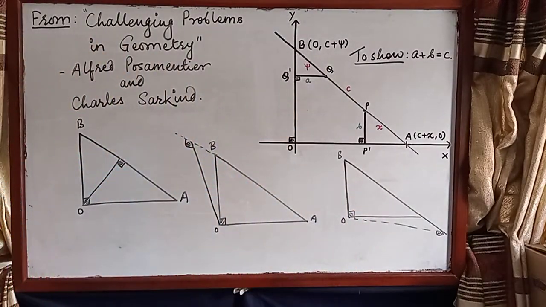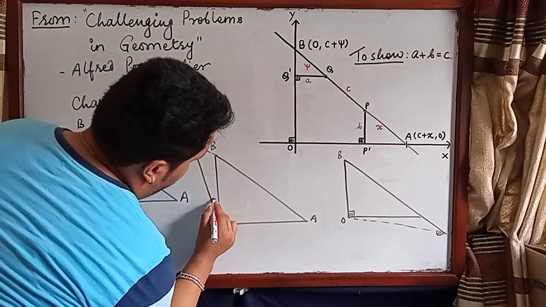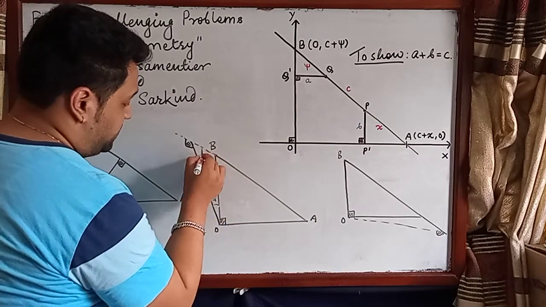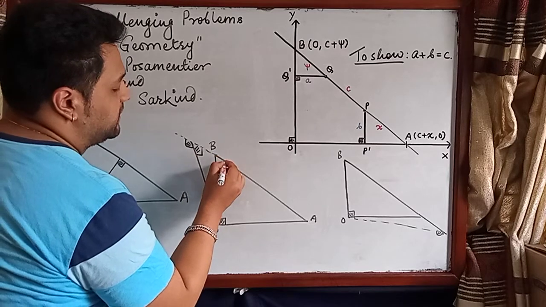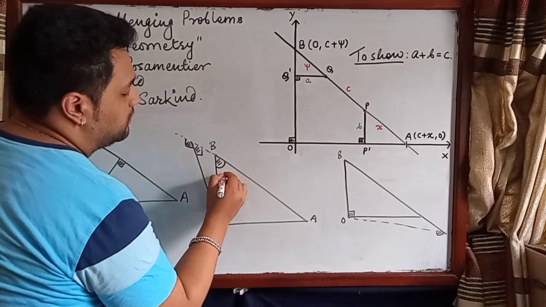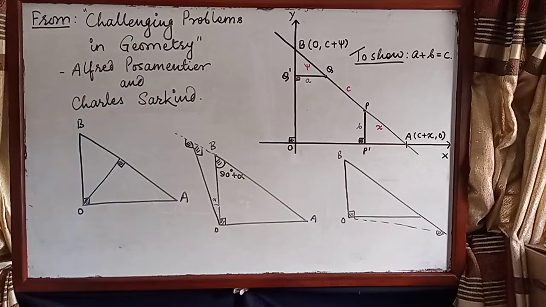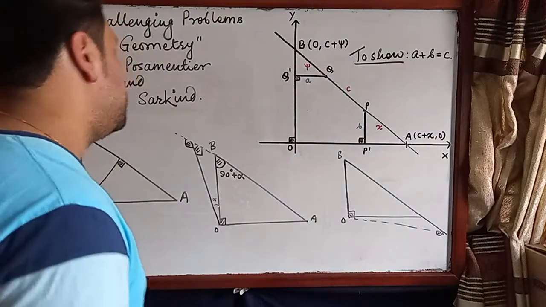Now let's say this angle is alpha. Then, since this is 90 degrees, this angle is 90 degrees plus alpha.